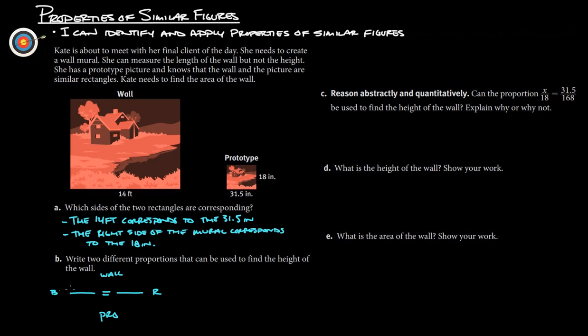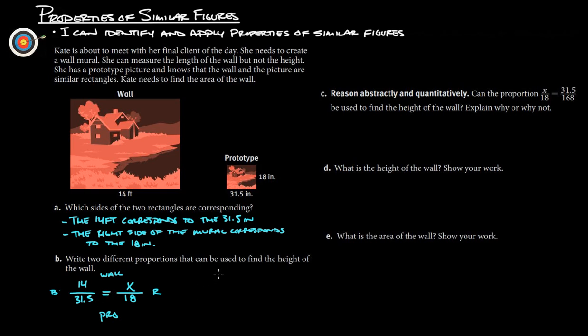So on the wall, the bottom is 14. And on the wall, the right side is what we're looking for, the x. And on the prototype, the bottom is 31.5, and then the right side is 18 inches. Okay? So that's one ratio that we can set up.